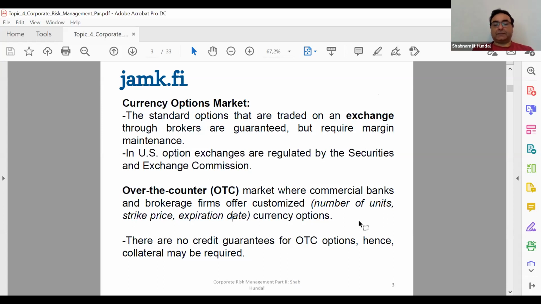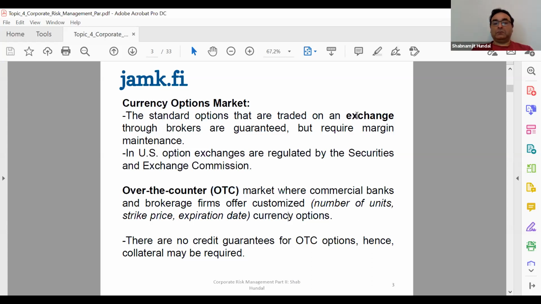And everything is customizable. The specified currency, you can choose; the specified amount, you can negotiate; the specified time period of expiry you can pick; and also the specified exchange rate. But once it becomes specific, and you can negotiate with the bank, then it becomes OTC.